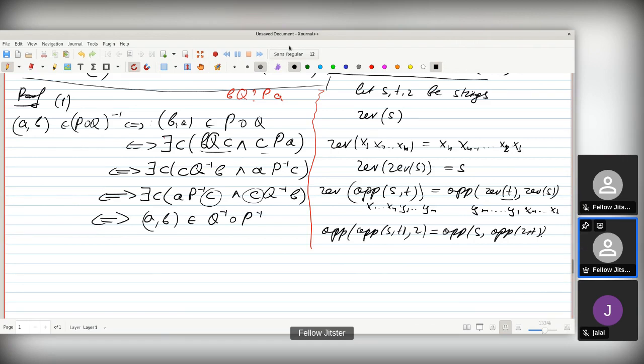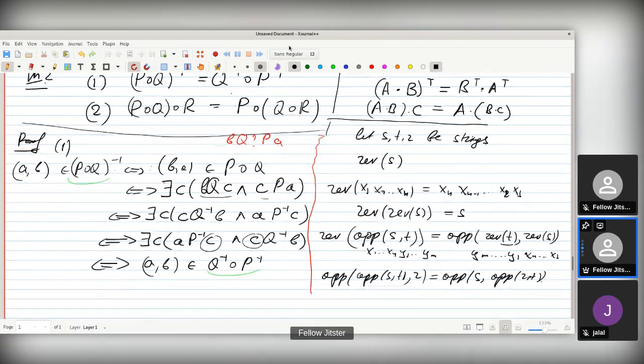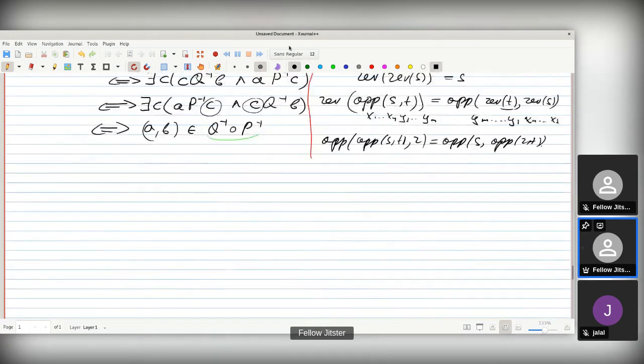Is it clear? Yes. As a result, this set equals this one because they consist of the same pairs. Hence, they consist of the same elements because every element of such a set is a pair, it is a binary relation.